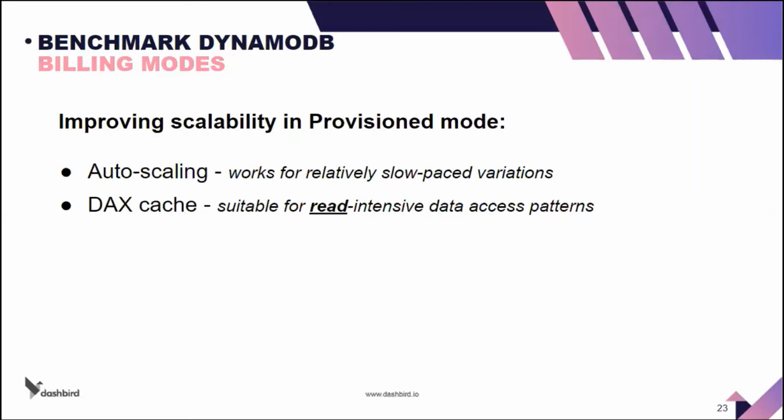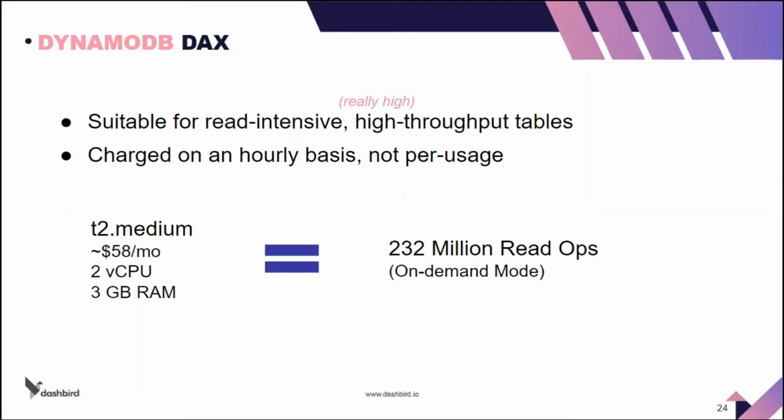And for read-intensive tables, we could use the DAX cache offered by AWS. The downside of DynamoDB DAX is that it's charged on an hourly basis, not per usage, and it can be quite expensive as well. A very small instance, for example, the T2 medium, costs $58 per month, a cost equivalent to more than 200 million read operations in on-demand mode.